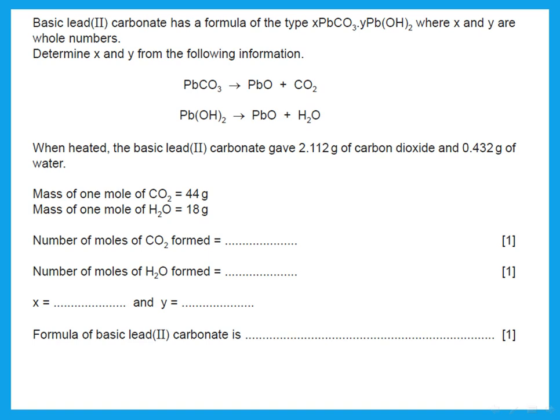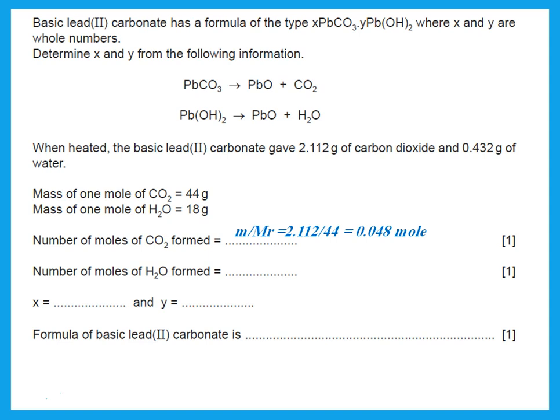Now, he's giving me information: when heated, the basic lead(II) carbonate gave 2.112 grams of carbon dioxide and 0.432 grams of water. So first of all, he wants you to get the number of moles of each. Of course, number of moles is mass over molecular mass. So for the CO2 it is the mass of the CO2 over the mass of 1 mole.